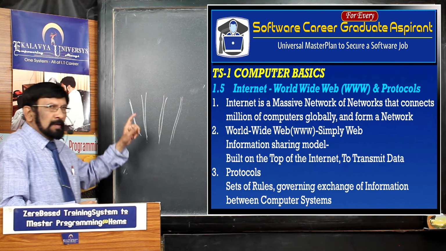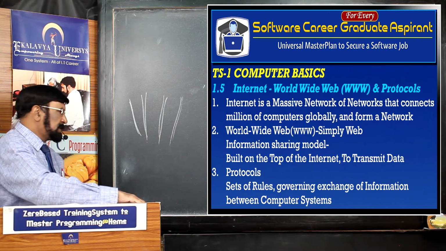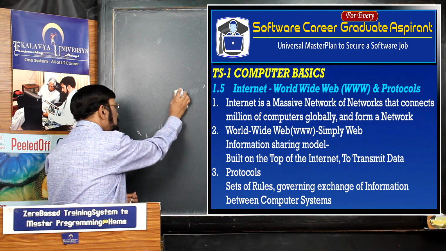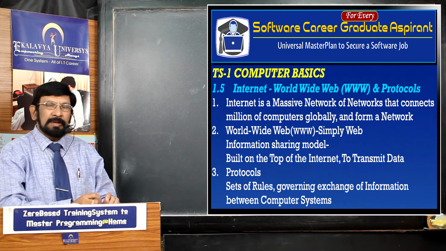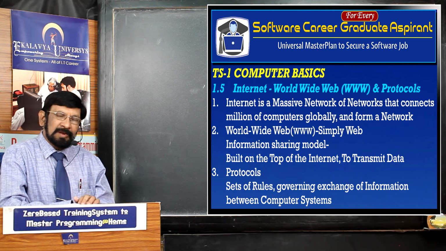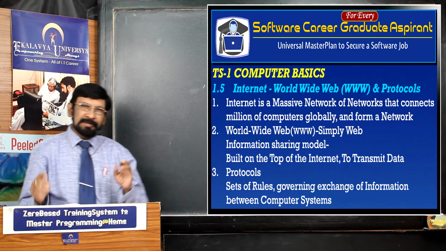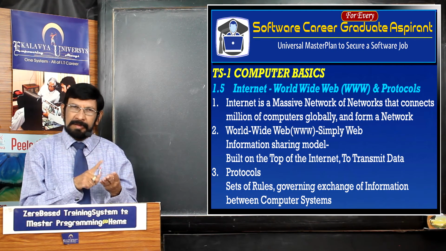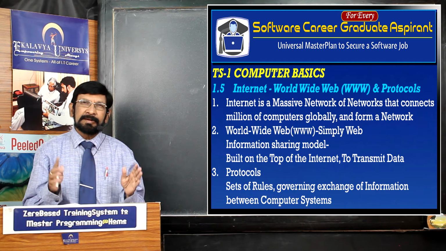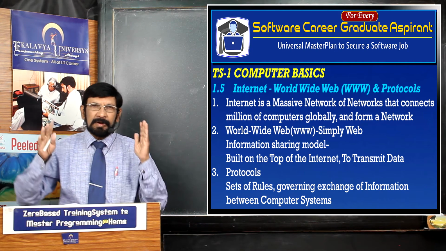So, here, a huge traffic of information is there. It should be controlled. For that purpose, a big set of rules is developed. Those rules are called protocols. So, I think you understood the three concepts thoroughly. One is internet. Internet is a massive network of networks.